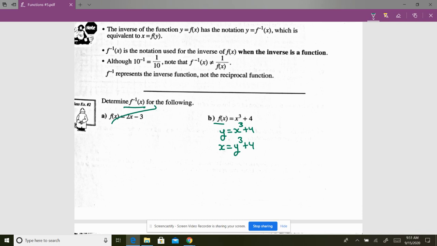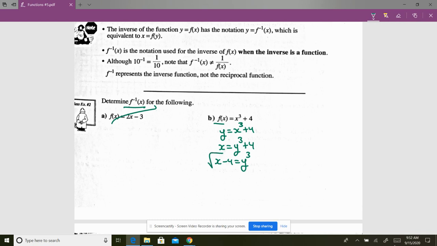So move the 4 over. How do I get rid of the y cubed? Cube root it. When you cube root something, do you need to put plus or minus? Not for odd roots, only for even roots.